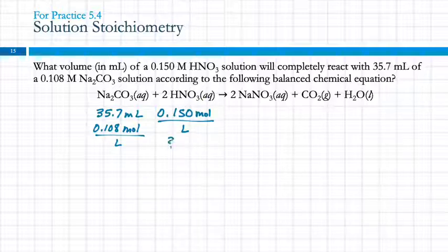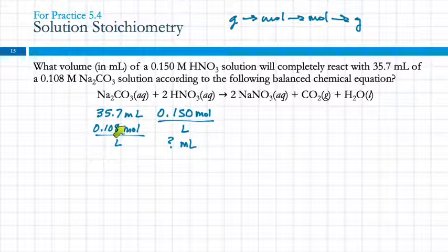So, question mark milliliters. Stoichiometry is grams to moles to moles to grams, but I'm not starting with grams, I'm starting with a volume. So I'm starting with milliliters over here, and it's asking me to find milliliters at the end.